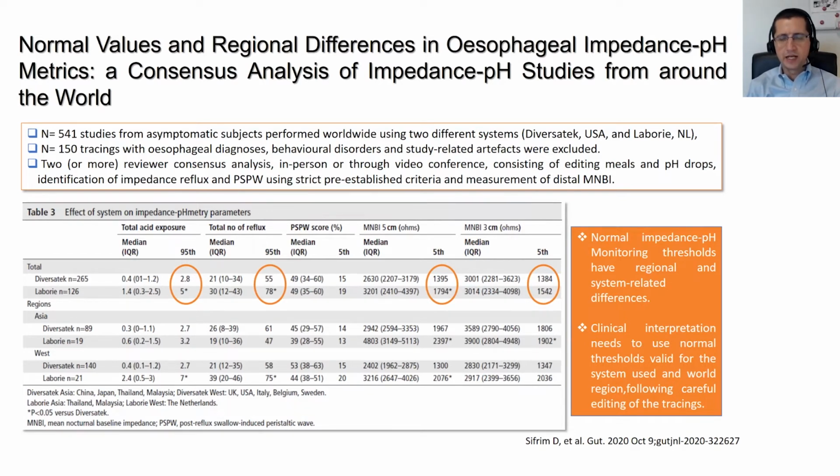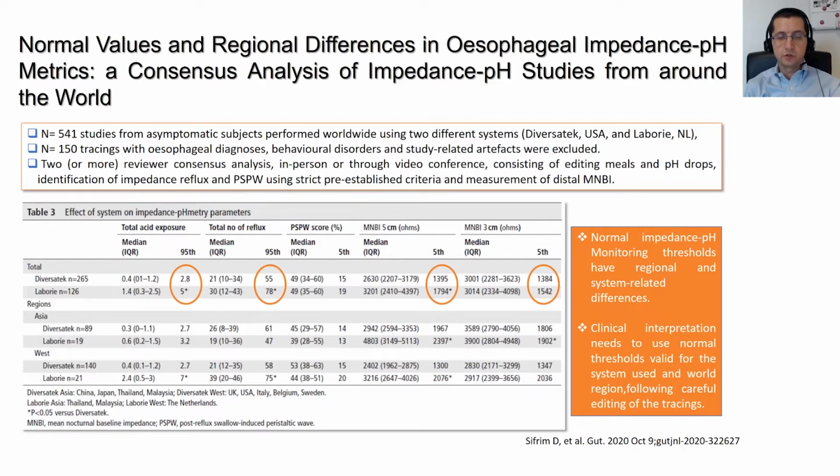And this probably will help again to better understand the role of impedance pH in identifying GERD patient and in predicting the response to both medical and surgical therapy for patients who have an abnormal pH testing.